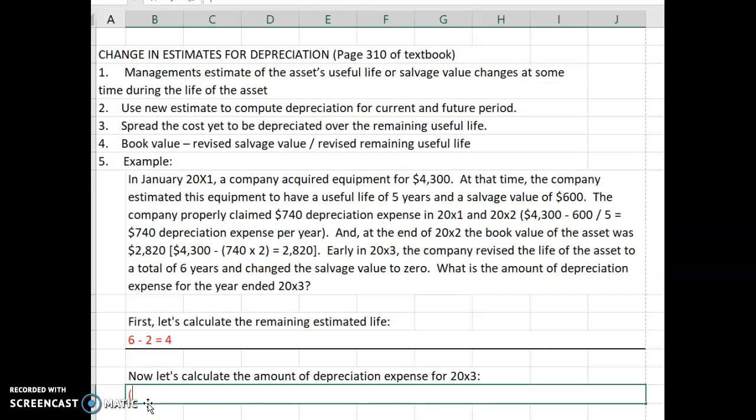Book value is given to us at $2,820, minus the revised salvage value of 0, divided by the remaining estimated life of 4 years, equals $705 of depreciation expense for 20X3.